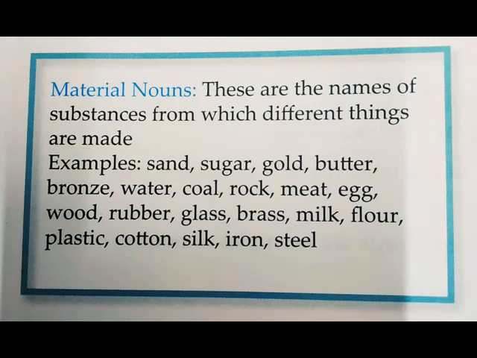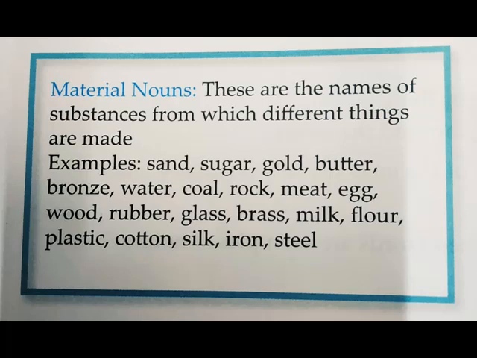After collective nouns, we are going to see what a material noun is. This is the sixth kind, a material noun. It is a name of a substance. In class 5th and class 6th, you might have learned about substances in your science classes.